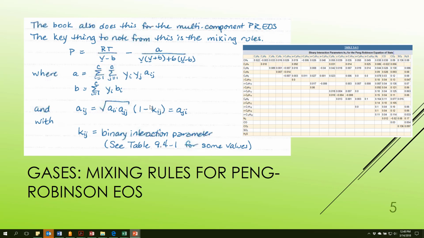Now, the binary interaction parameters would typically be based on experimental data. This is a partial table of what these values are. In many cases, you're going to see that there's nothing there. Since the order doesn't matter, they don't put anything on the bottom half of this table, so the top triangle.